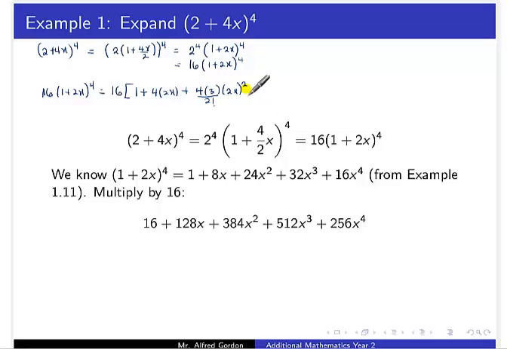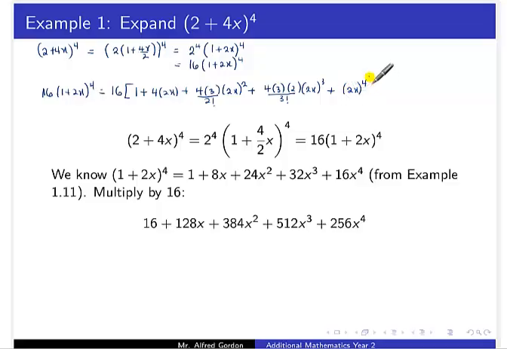If you have not watched our video on special cases, go and watch that. Plus 4 times 3 times 2 all over 3 factorial, then 2x all to the power 3, and then plus the last term, which is 2x all to the power 4.